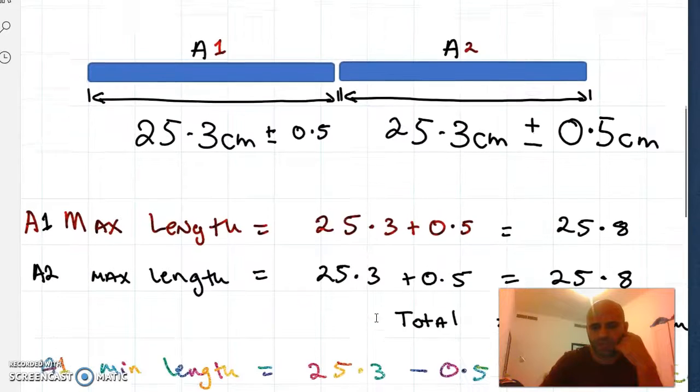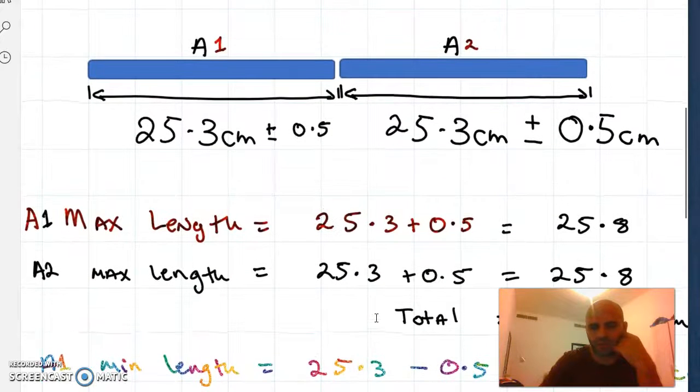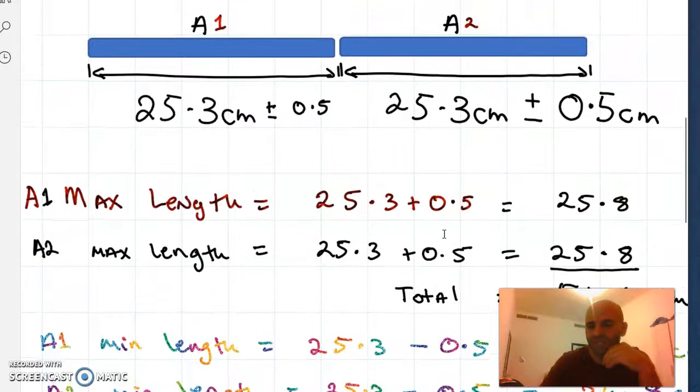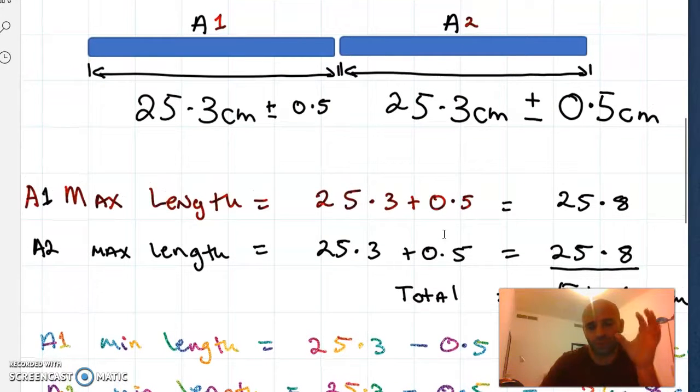So the way we look at this is we say to ourselves, well, if I just split them apart and say the first one is A1, then what's the maximum length that one could be? So the maximum length would be the average length plus that little bit of error, which is 0.5, which would give me a maximum length of 25.8 centimeters that it could be, okay?